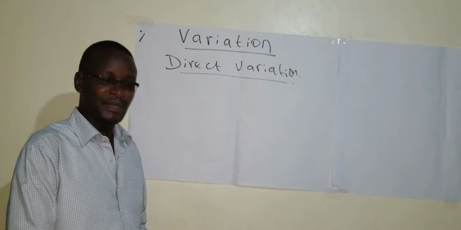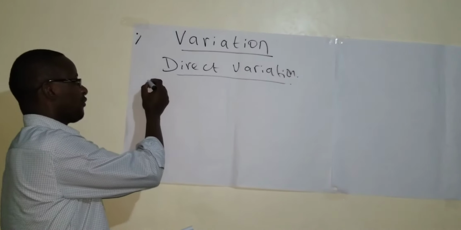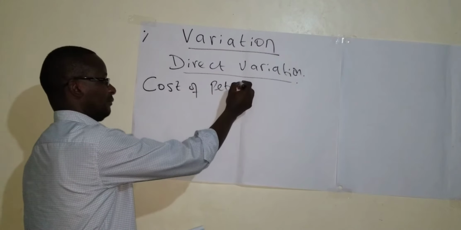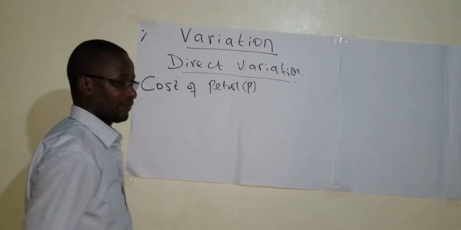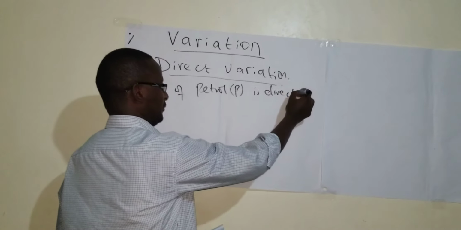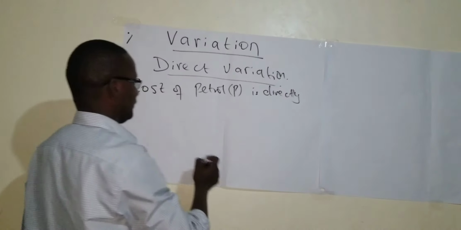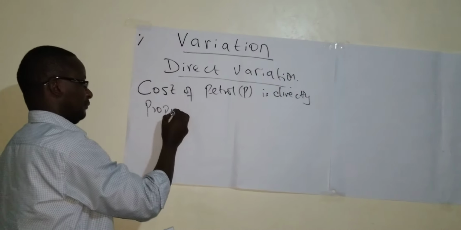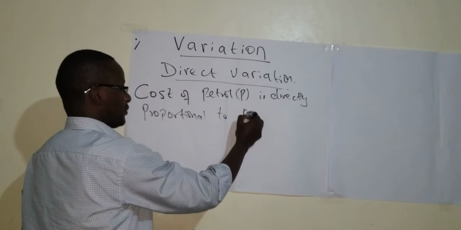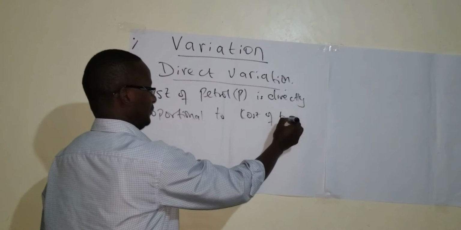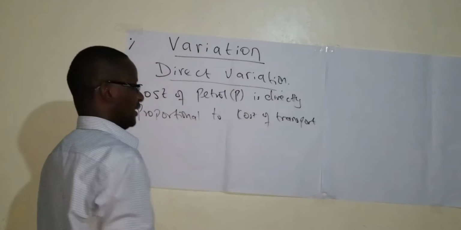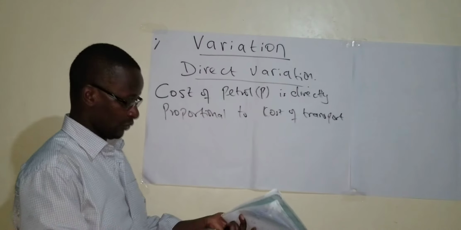So we can simply say that the cost of petrol is directly proportional to the cost of transport. And vice versa, even the cost of transport is directly proportional to the cost of petrol.